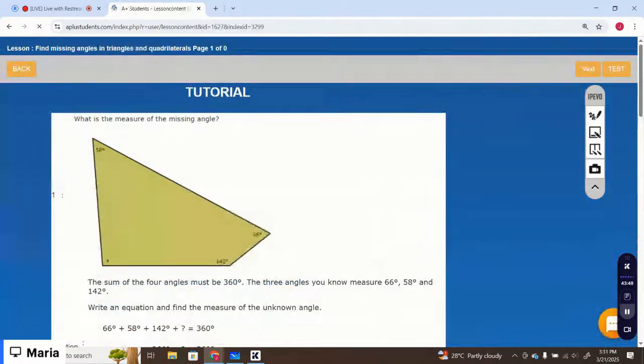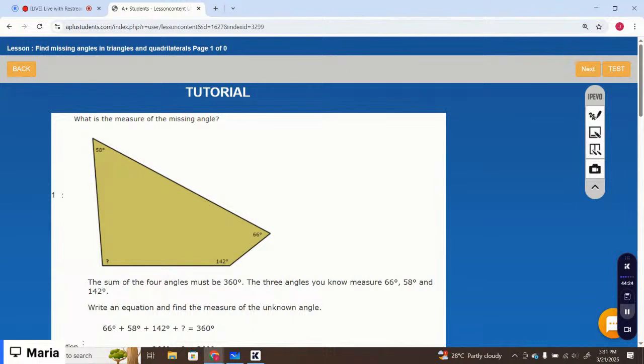The next lesson is find the missing angles in triangles and quadrilaterals. What is the measure of the missing angle? 58, 66, 142, that is a four-sided shape.